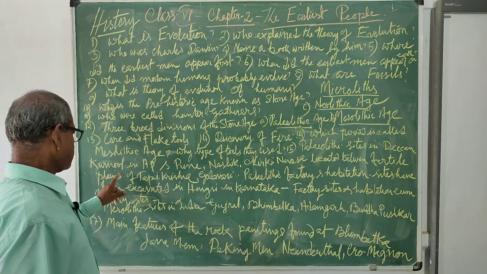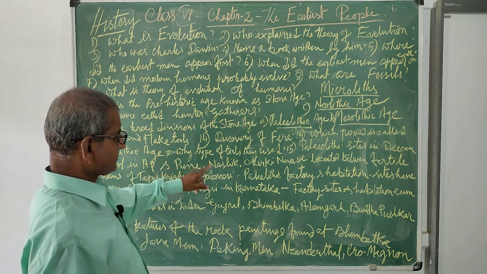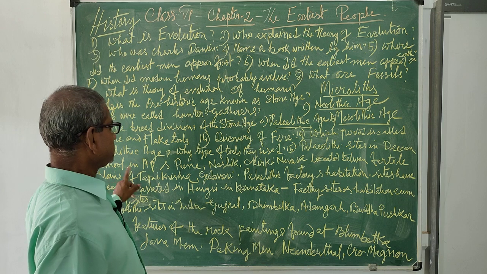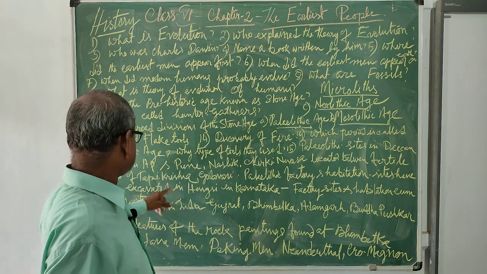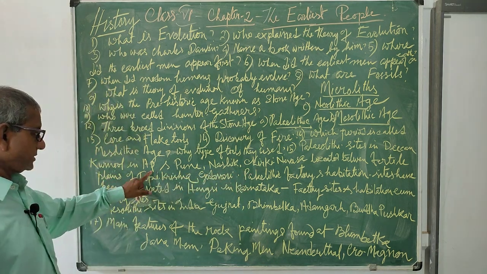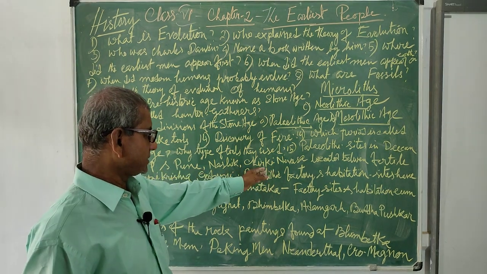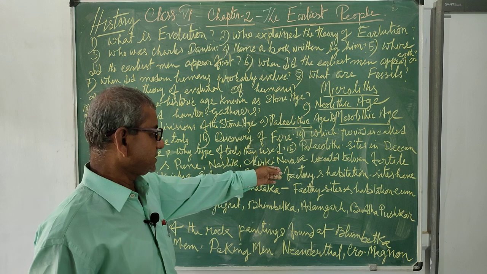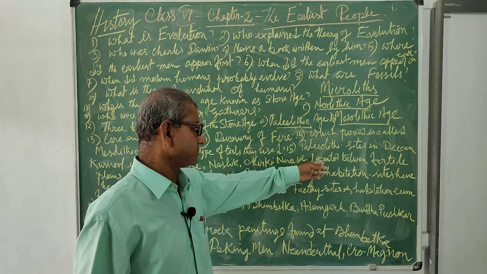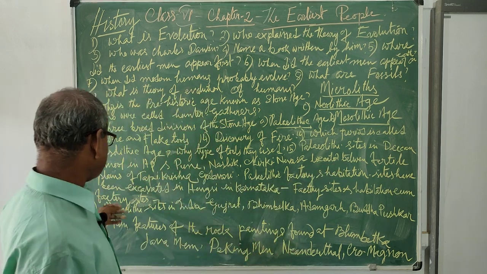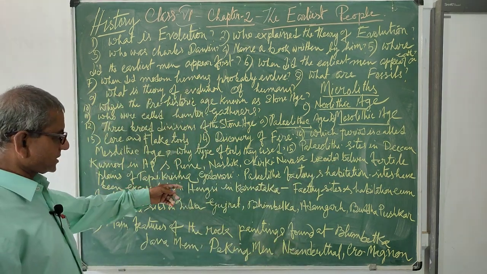Now, what about Paleolithic sites in the Deccan? Various Paleolithic sites have been discovered in the Deccan: Kurnool in Andhra Pradesh, Pune, Nasik, and Chirki Nevasa, located in the Deccan between the fertile plains of the Tapi, Krishna, and Godavari rivers.